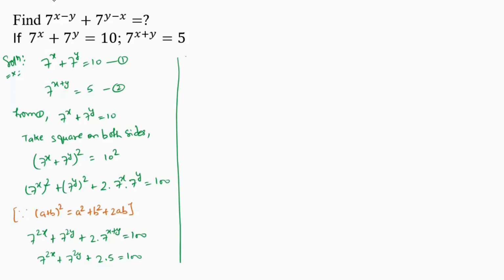So on solving this, we get 7 raised to power 2x plus 7 raised to power 2y equals 100 minus 2 times 5, which is 10. So we get 7 raised to power 2x plus 7 raised to power 2y equals 90.